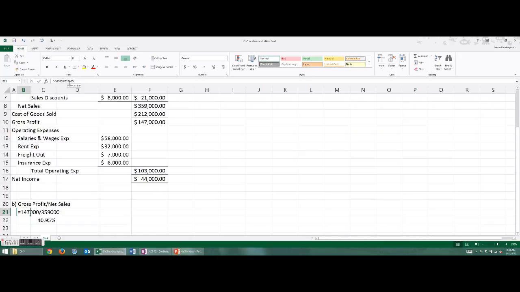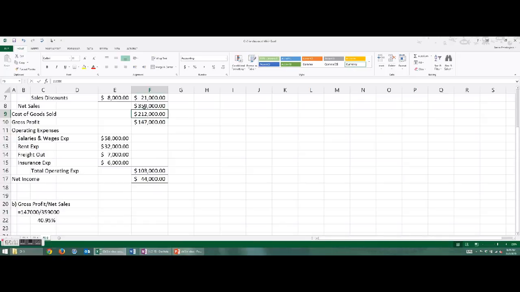Another way to think about that gross profit percentage is to take the opposite of that amount: 1 minus the gross profit rate is almost 59.05%. That means 59% of each dollar of net sales goes to cover inventory or merchandise-related costs as cost of goods sold.